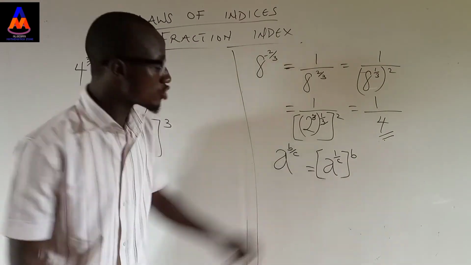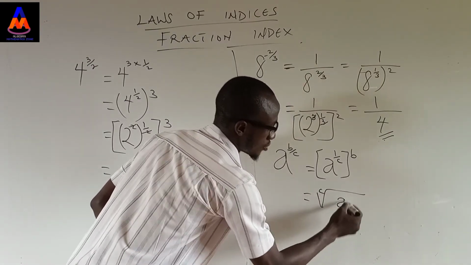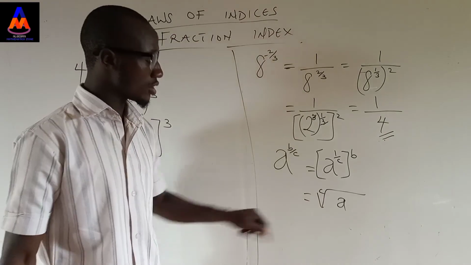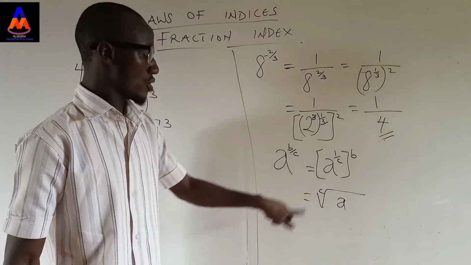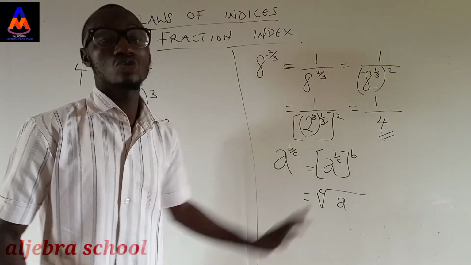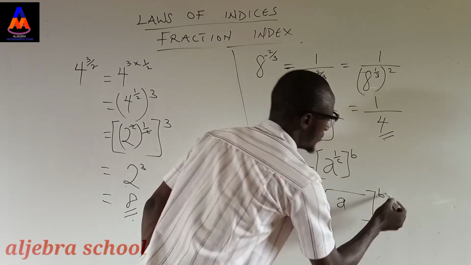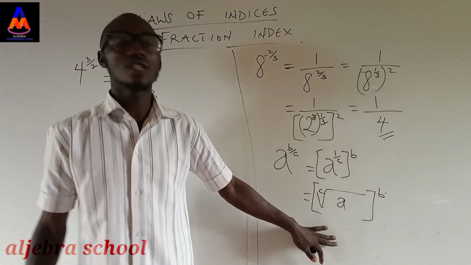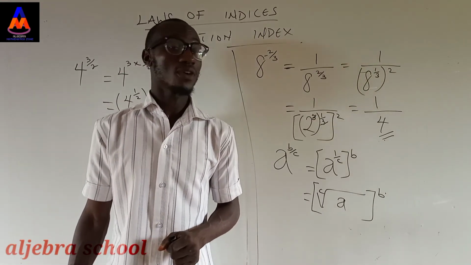This 1 over c is going to be any root, that is the c root. You understand what I'm saying from our previous explanation? This can be square root, or cube root, or fourth root, or nth root, based on the root you are given. Then raised to power b. So this is the general representation of the fraction index rule, or the fractional index.